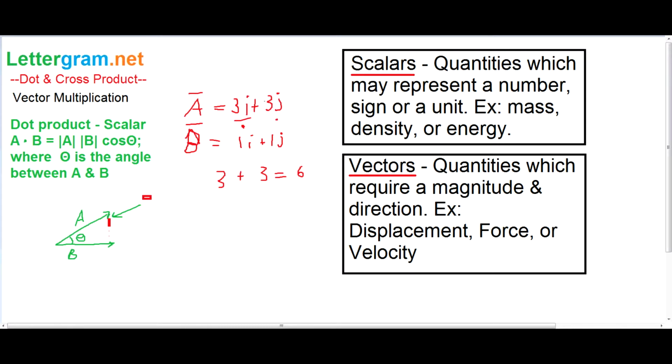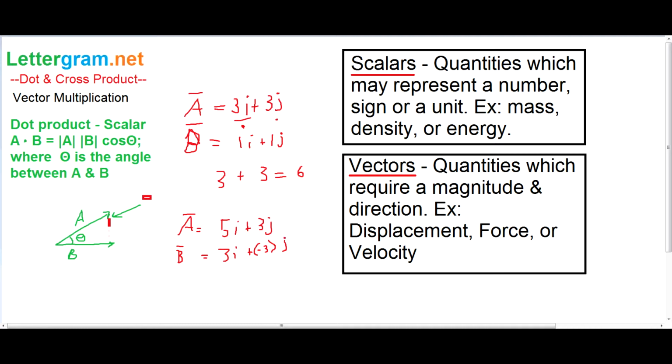Now say we put new values in there. For a, we decide to make this 5i plus, I don't know, 3j again, and then we make vector b equal to 3i plus negative 3j.